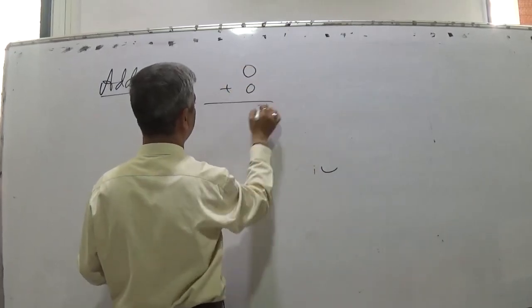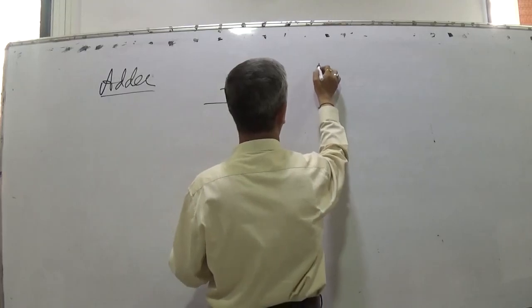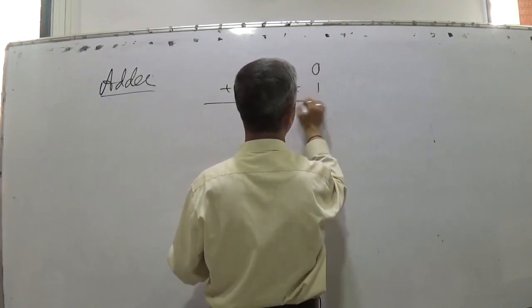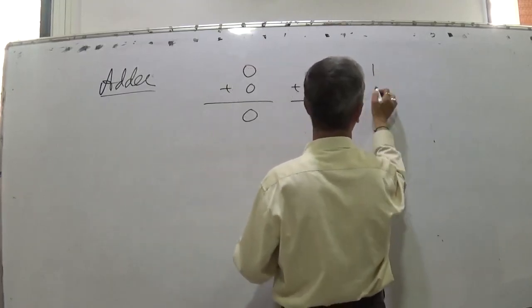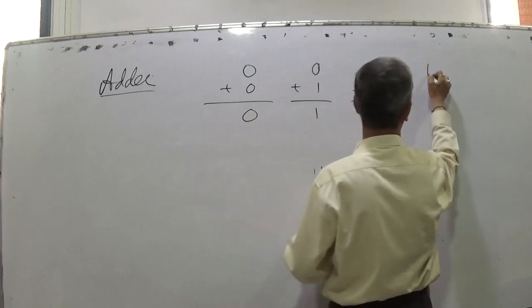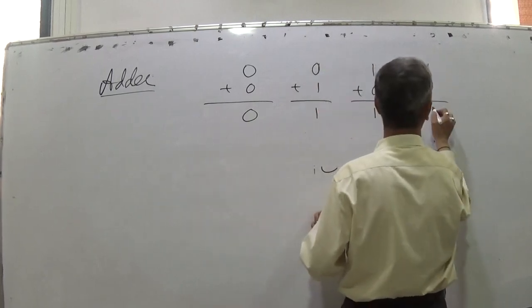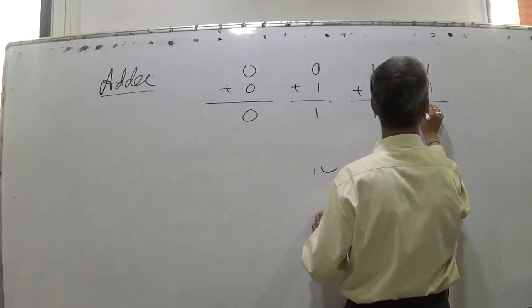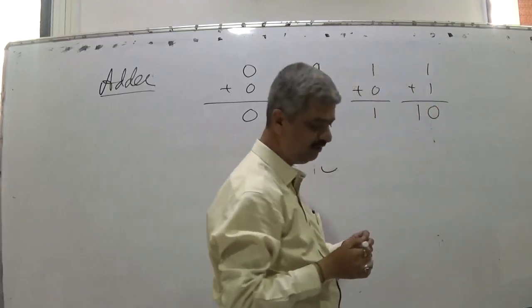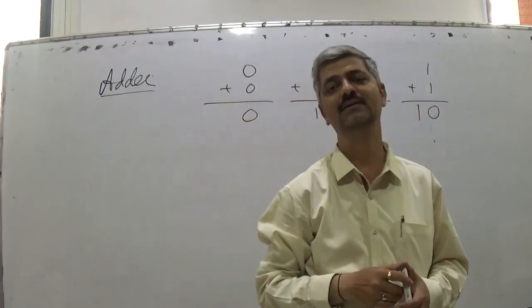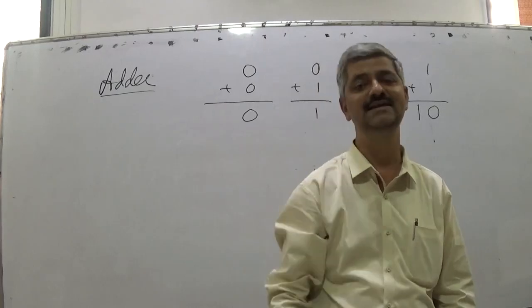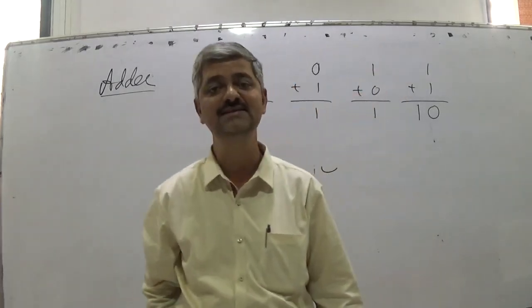When we add 0 plus 0, answer is 0, 0 plus 1, answer is 1, 1 plus 0, answer is 1, and 1 plus 1, we have answer 0 and we get a carry. So addition of two 1-bit numbers when both are 1 gives a 2-bit number, so carry is 1.